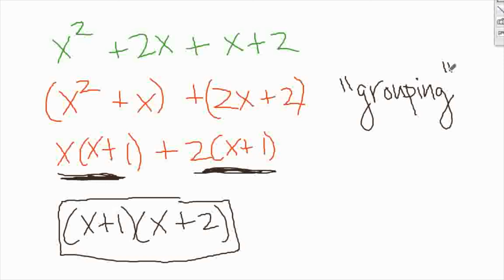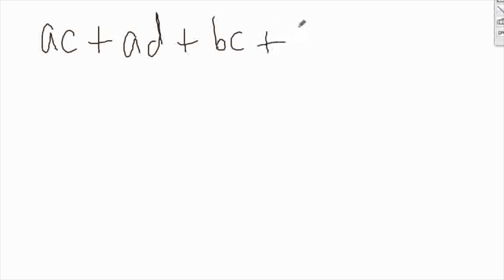Okay, let me give you another example and we'll stop with that. What about this one? Try to factor that using grouping, and I'll go ahead and tell you that this is one of those where that will work.